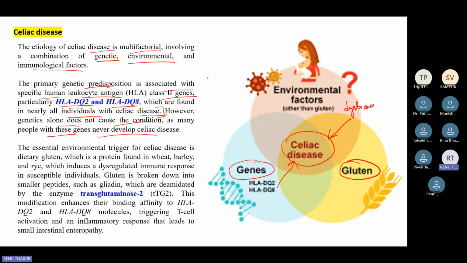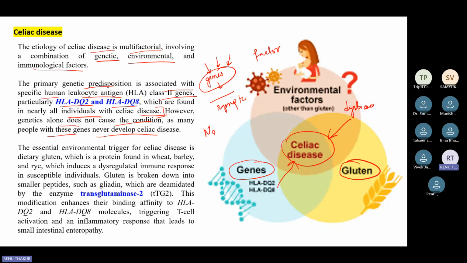Now see, the presence of any kind of gene does not guarantee that that person will show symptoms of that disease or be an affected individual. It all depends on whether this gene is activated or not, and it is activated under several circumstances, known as the factors which lead to the activation of this gene or alteration of the normal mechanism of this gene, leading to the symptoms or the diseased state. So you cannot say that if I have DQ2 and DQ8, then I will be 100% suffering from celiac disease.